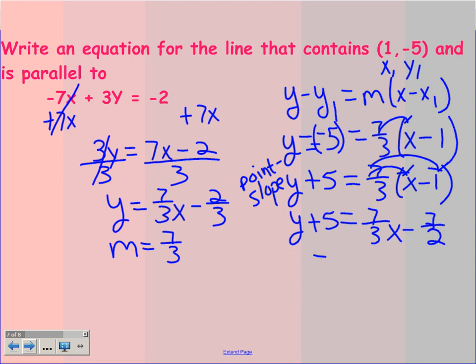So to do that, I'm going to subtract 5 on both sides of the equation, leaving my slope as improper, so 7/3 x, and then -7/3 minus 5.